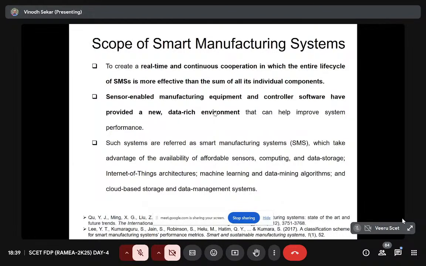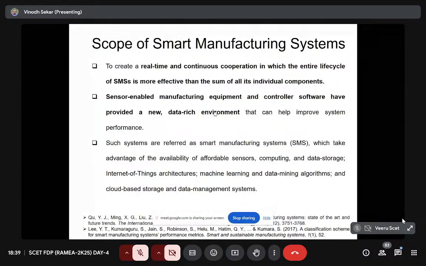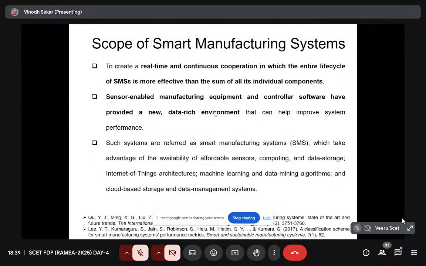The only thing is that the challenge is that developing the technological infrastructure requires investment. That is more challenging for them. We should have a realization of how we need to take ahead the development of the smart factory and the infrastructure.